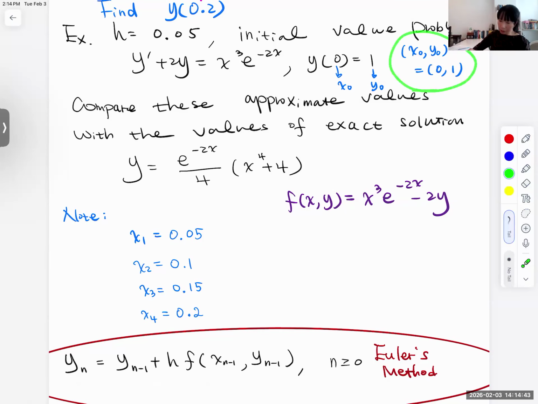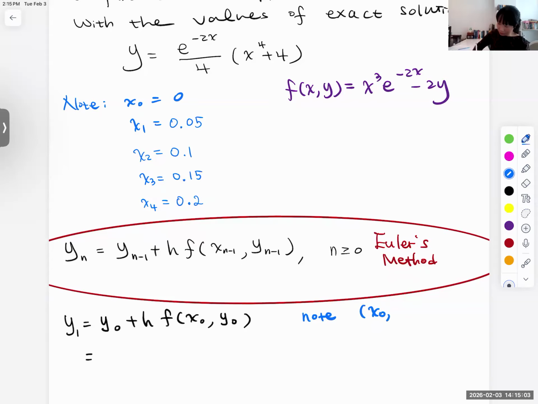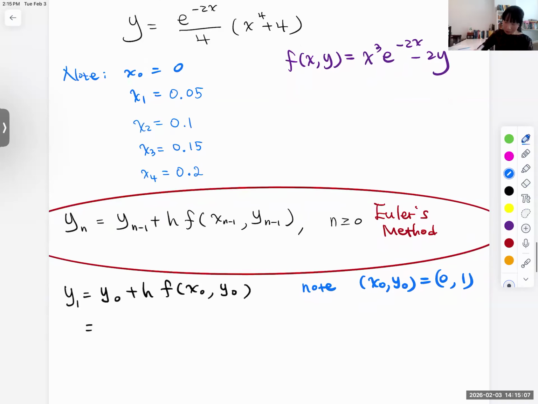So x naught, y naught is 0, 1. Okay. So y naught, which is 1, plus the step size 0.05 times the function at x naught equal to 0, y naught equal to 1. The function, oh, I need the function.